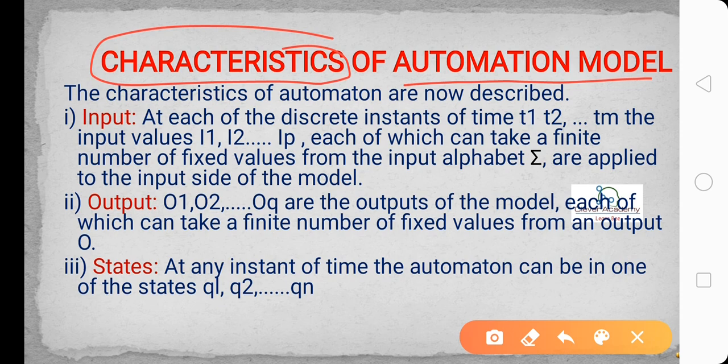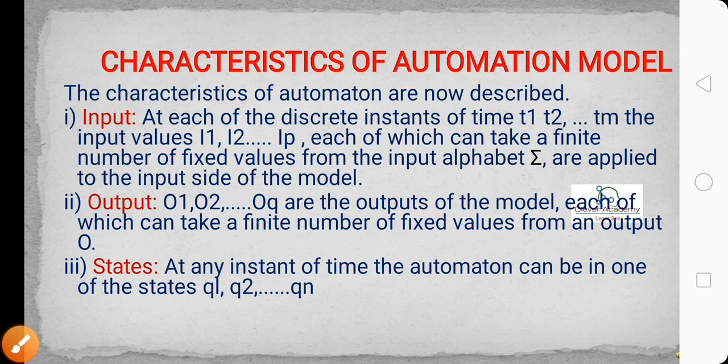So you can see them one by one. The first characteristic is input. Whatever finite automata we are representing, we have an input operation. The operation can be identified at different timings, so at time t1, time t2, time t3 and so on, we are giving input.